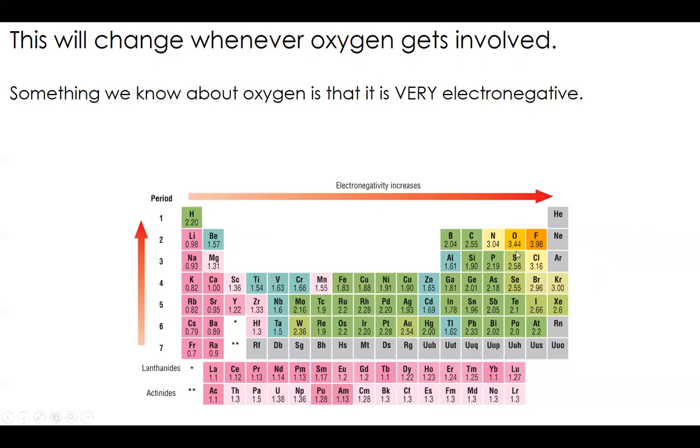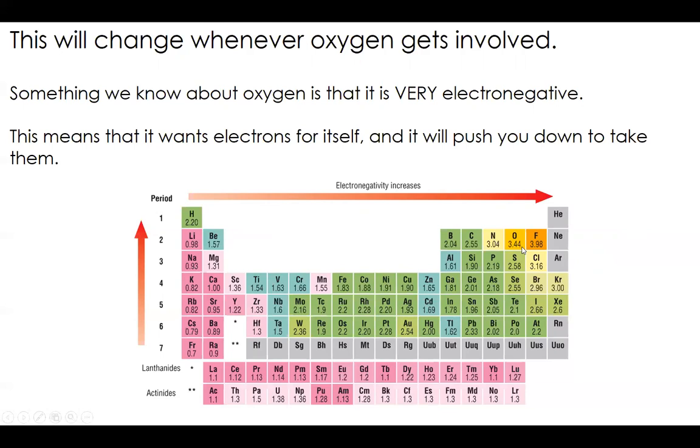There'll actually be a couple other things that are more electronegative than oxygen. I won't spoil it, but we'll find out about those in chapter 10. So our oxygen, very, very electronegative. And what that means is that it wants all the electrons, and it doesn't care who you are, it will push you down and take them. So oxygen is really trying to get those electrons.